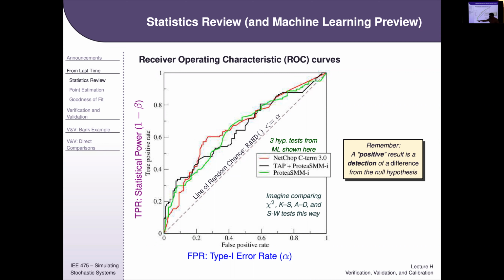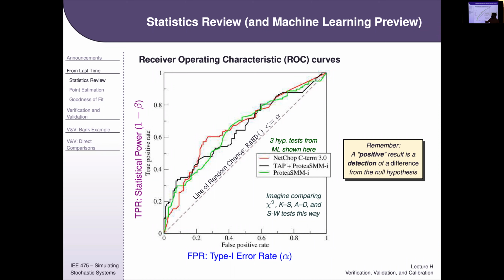And so your false positive rate will be 100%, and your true positive rate will be 100% too. Likewise, if you set alpha equal to 0, the coin will never be less than 0. So the false positive rate will be 0 because it'll never detect a positive, but the true positive rate will also be 0.